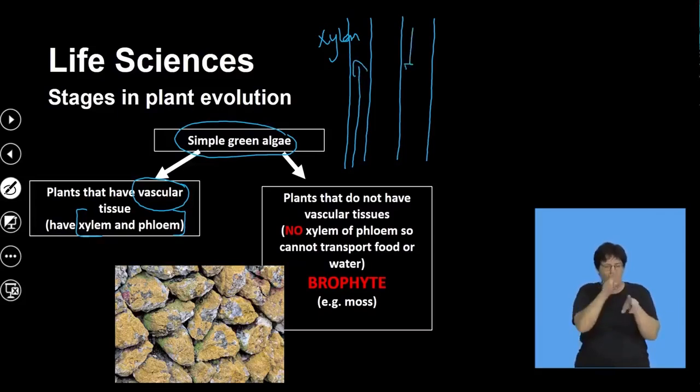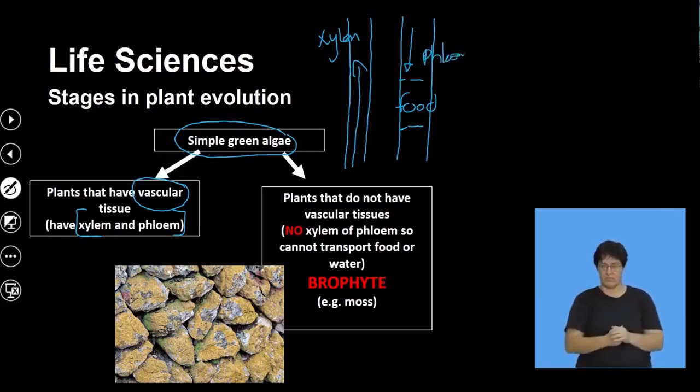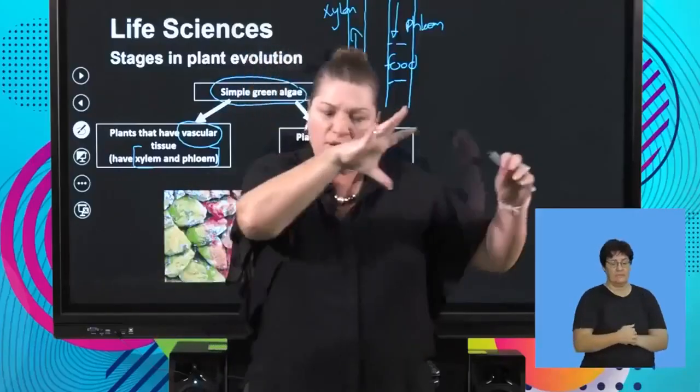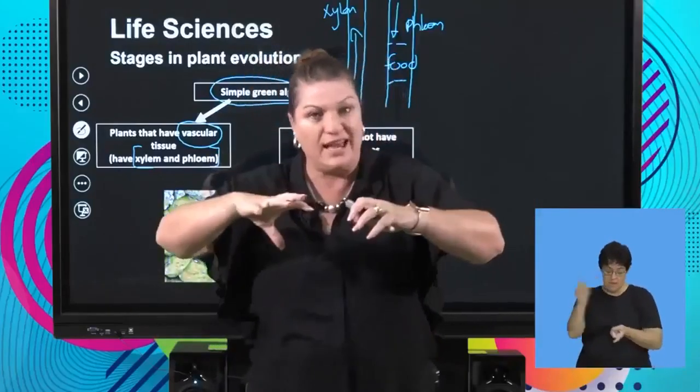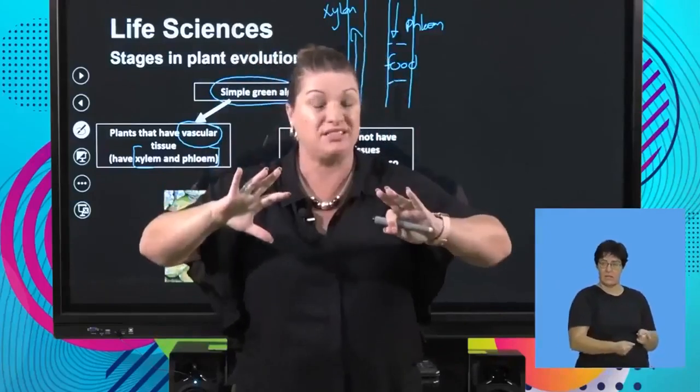And phloem had these sieve plates. They carried food in a general direction down. This was phloem over here. Now, those tissues were quite complex tissues. And when we come from the water onto land, xylem and phloem don't exist yet.